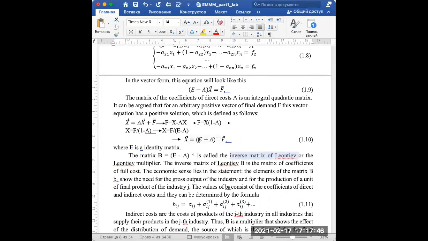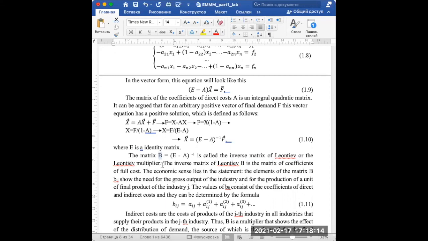We denote this inverse matrix, E minus a to the power of minus 1, by the symbol B, and we call it the inverse matrix of Leontief, or sometimes the Leontief multiplier.